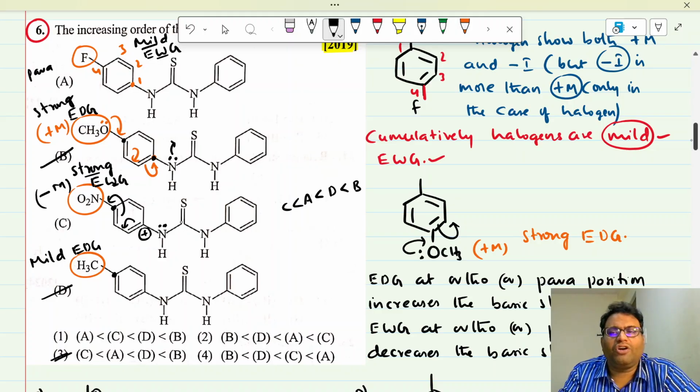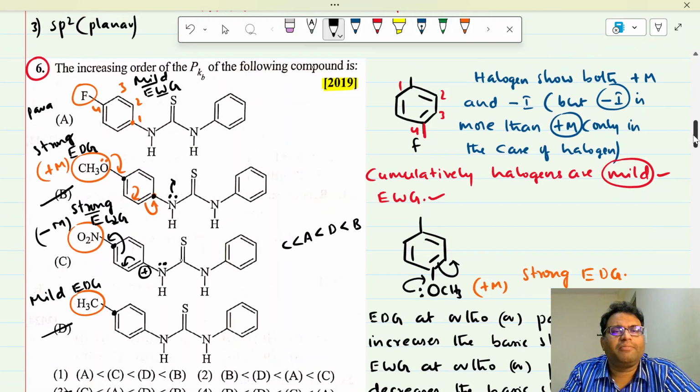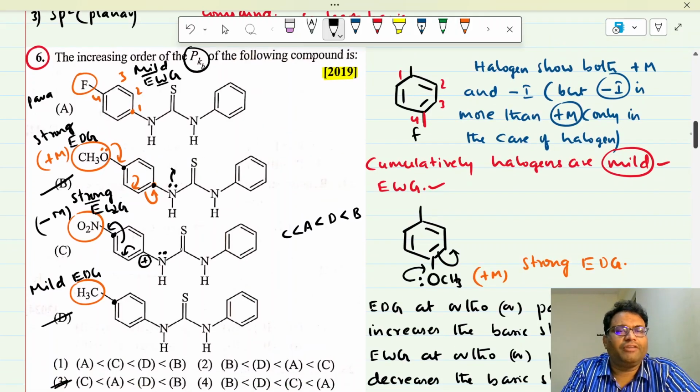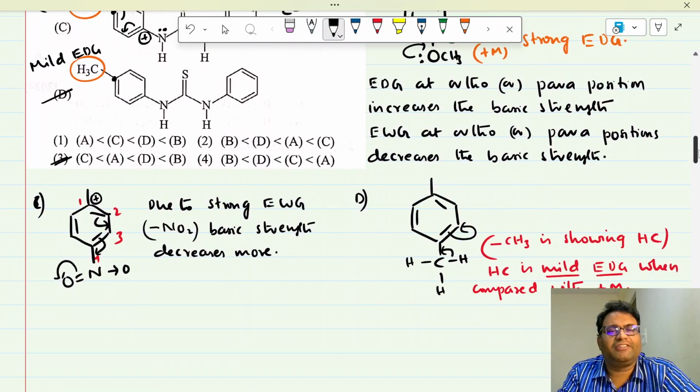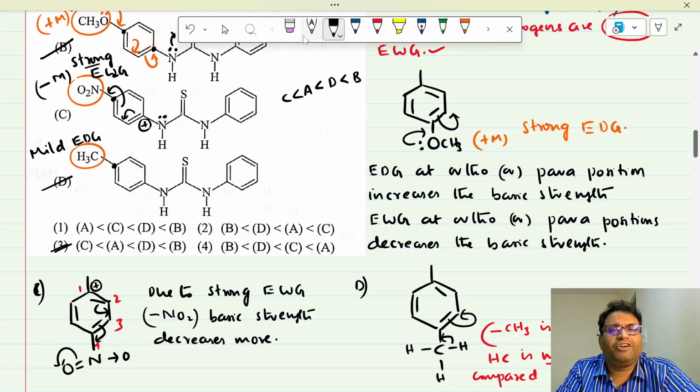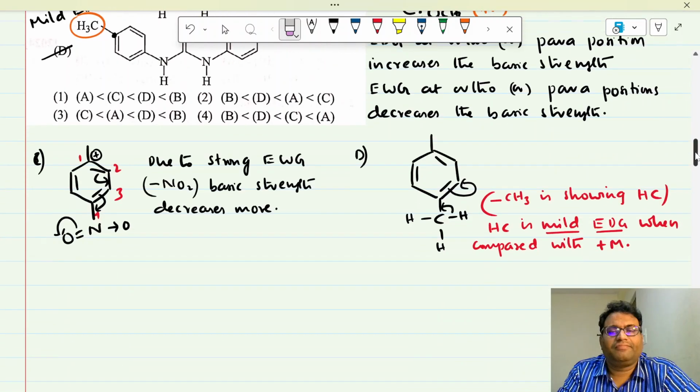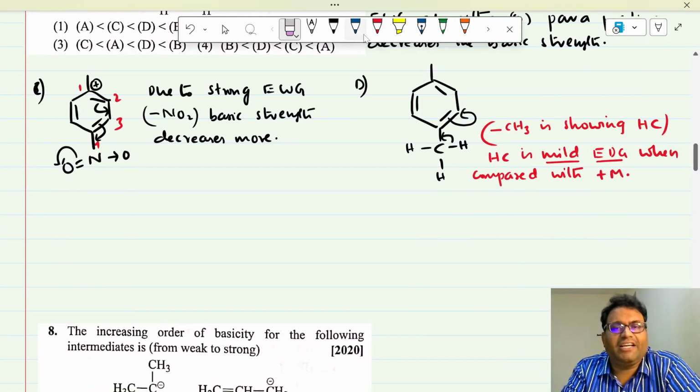The increasing order of pKb is asked. So now we have found the basic strength. Let us write it here.